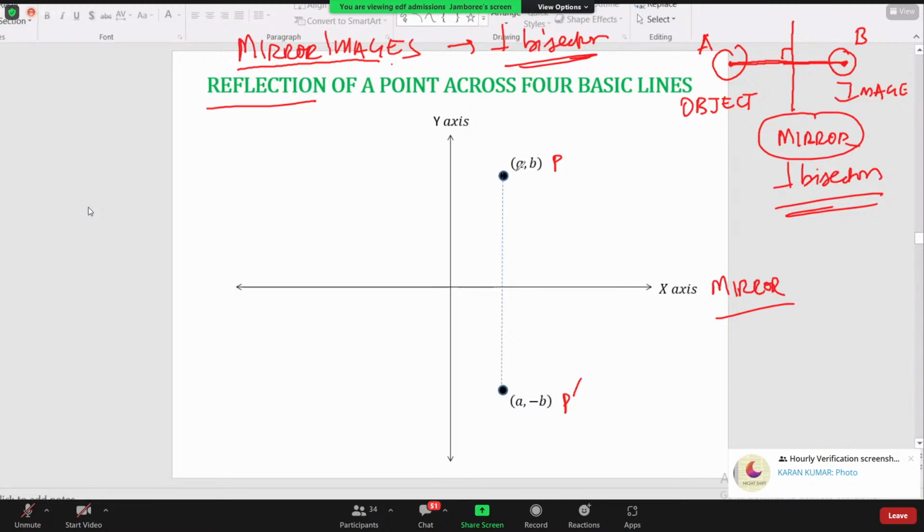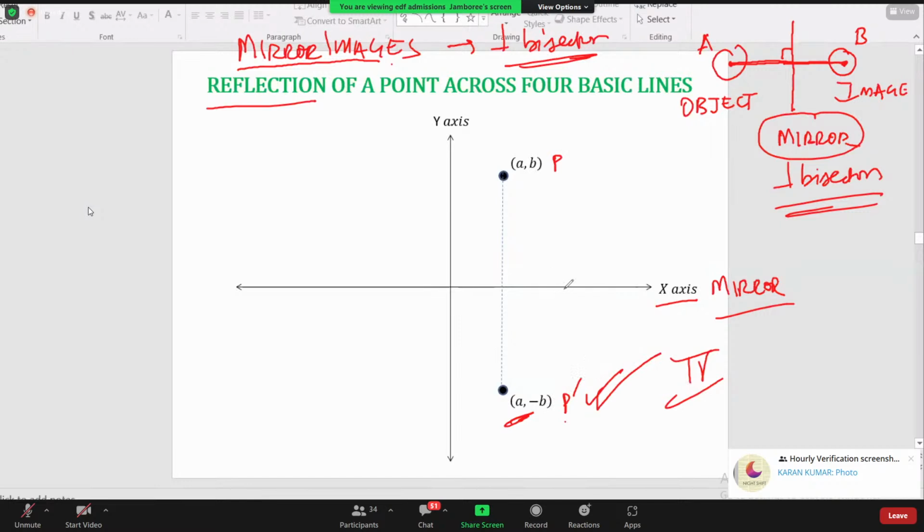So along the x-axis and y-axis, you don't need to change the magnitude of the numbers. The magnitude will remain in the same order, A comma B only, but signs will be applied according to the quadrant. This P dash lies in the fourth quadrant, so the image will be in the fourth quadrant. So we'll have the coordinates as A comma minus B.